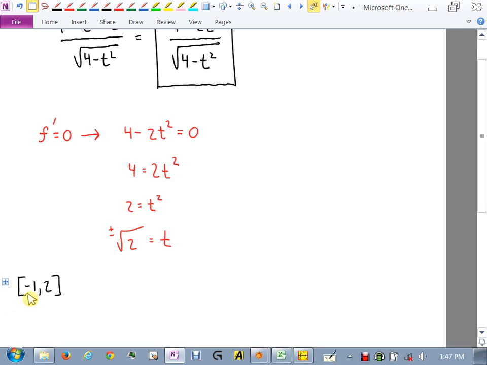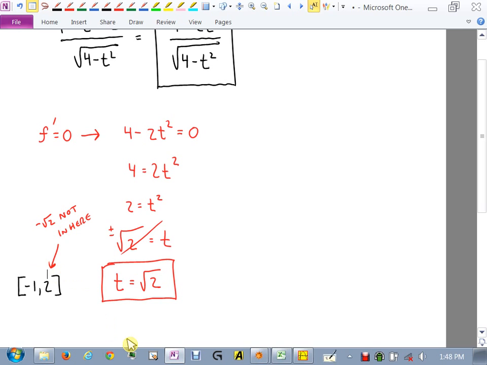I don't need it, right? I'm looking outside the window of where I'm looking. So the only real value that I have here for critical number is root 2, because negative root 2 is not in here.